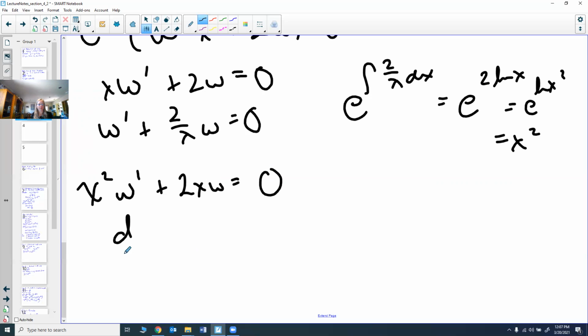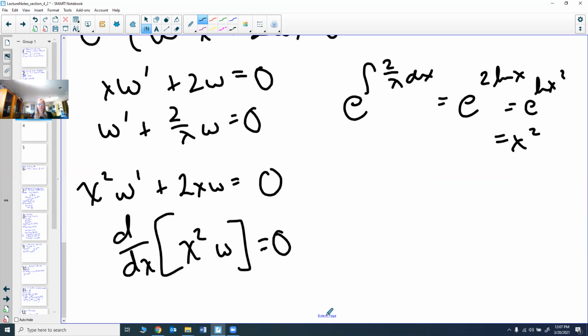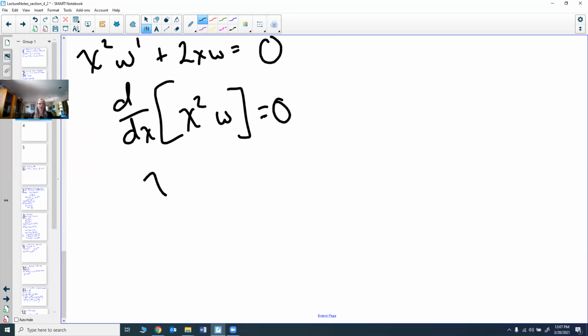And so then I've got the derivative with respect to x, sorry about that. So the derivative with respect to x of x squared times w equals 0. So taking the integral of both sides, we get x squared times w equals the integral of 0, which is just a constant. So we get w is equal to the constant over x squared.